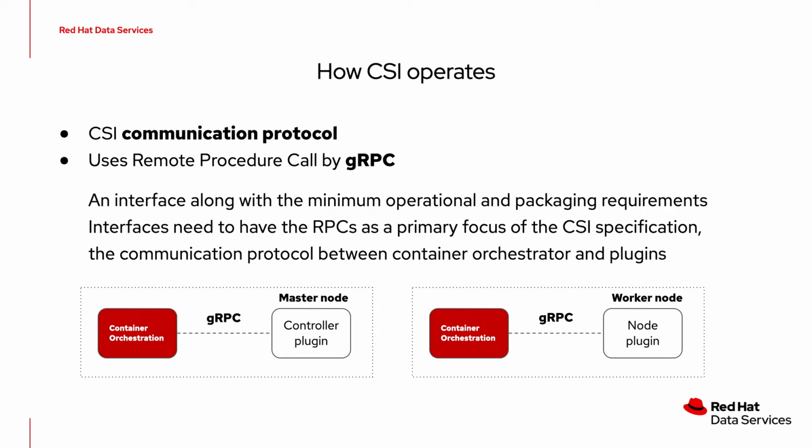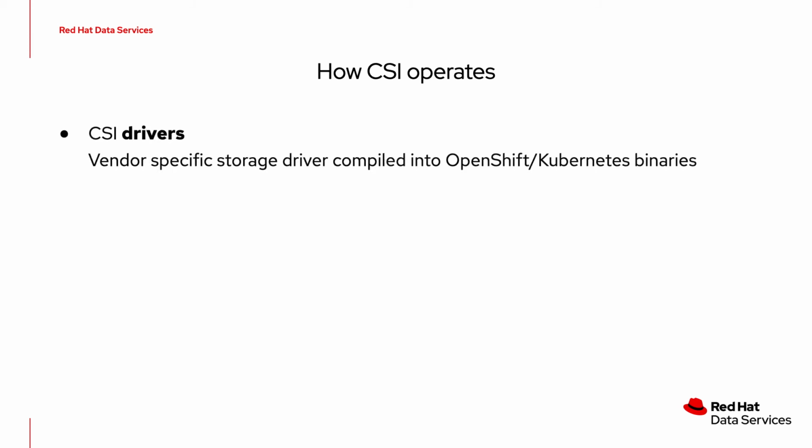That's an open source implementation of the remote procedure call. This was used as an interface along with the minimal operational package requirements that interfaces need to have, the RPCs as a primary focus of the CSI specification, which is the communication protocol between a container orchestrator like OpenShift or Kubernetes and the plugins. And then it uses drivers.